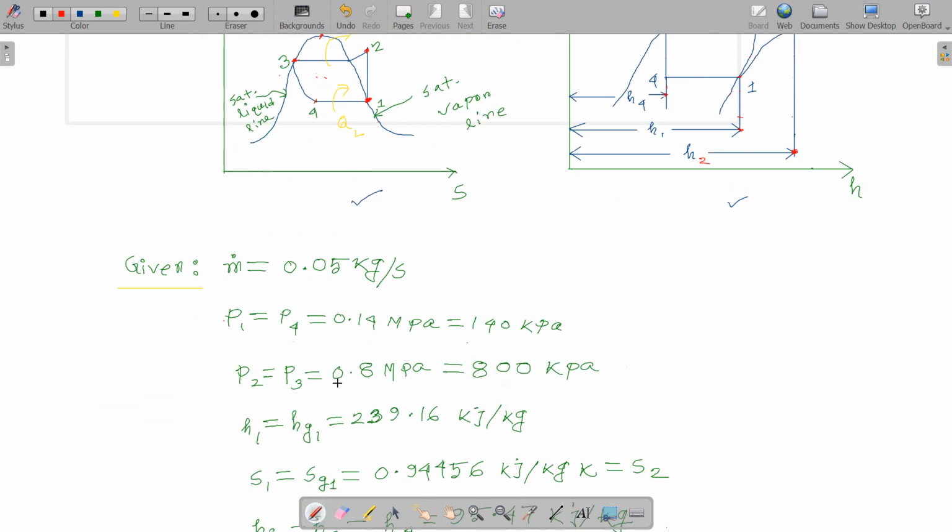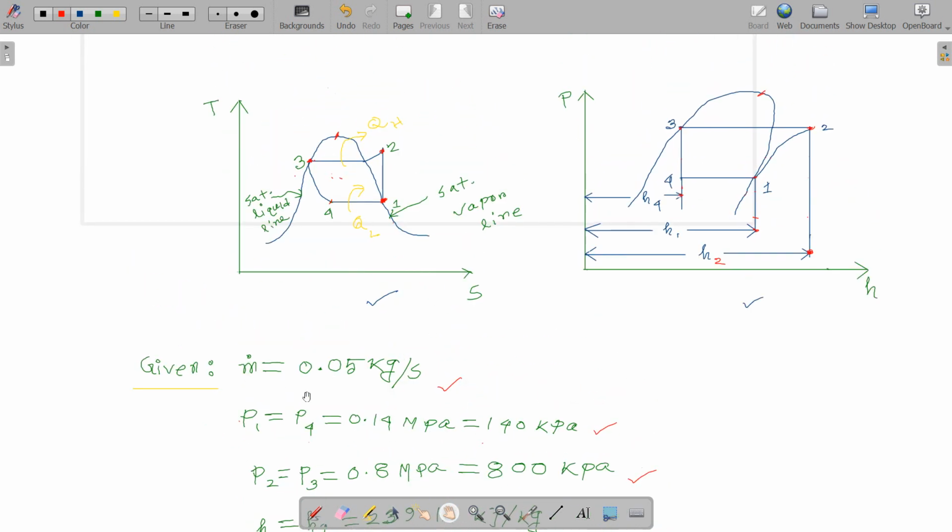Here mass flow rate is given 0.05 kg per second. P1, P4 is given 140 kilopascal, P2, P3 800 kilopascal. So what is H1? We first look at point 1. See, point 1 is situated just on the saturated vapor line. So here there is only vapor enthalpy and there is no liquid enthalpy.